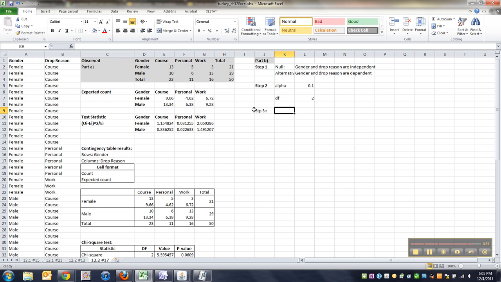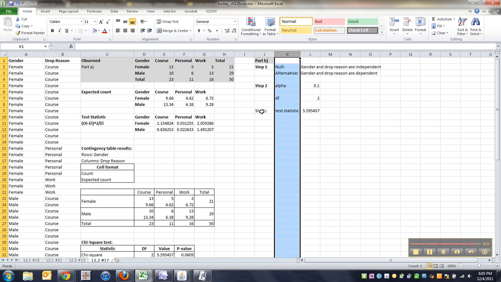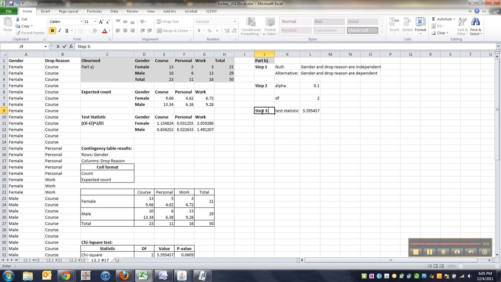Your test statistic. That's equal to the sum of all these bad boys. That's why we found that table in the first place. Let me move that over. That's your test statistic. It's chi squared sub 0, so it's chi 0 squared. All right, we'll be back here for step 4, the classical and P-value ways.